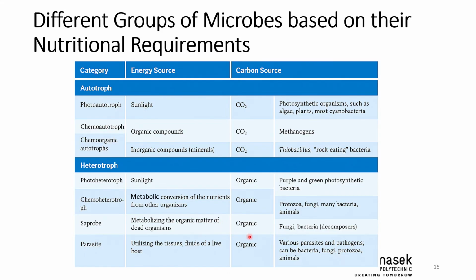Again, organic compounds are their main carbon source once they are broken down, and often these are fungi or bacteria as decomposers. The last category is the parasites. They depend on living hosts, and they utilize the tissues and fluids. Some of them may be pathogens as well, using these for their organic compounds as a carbon source.